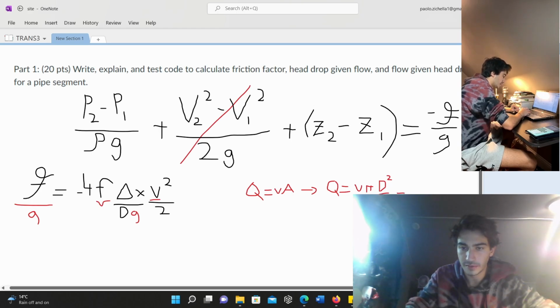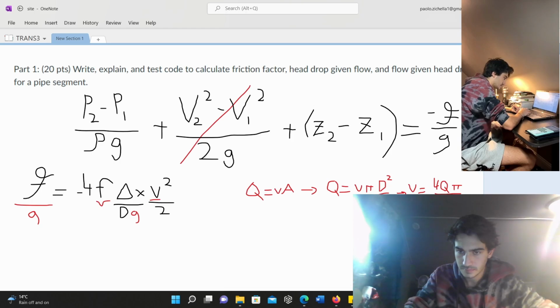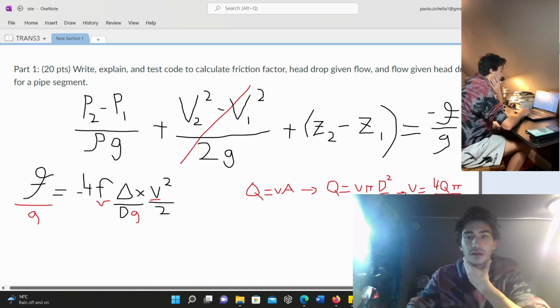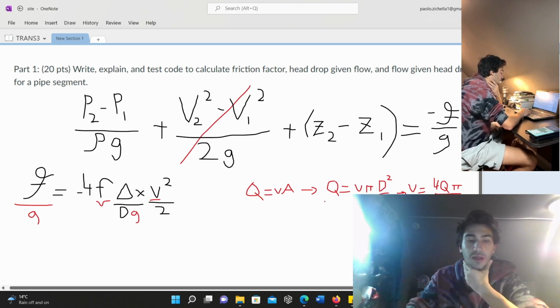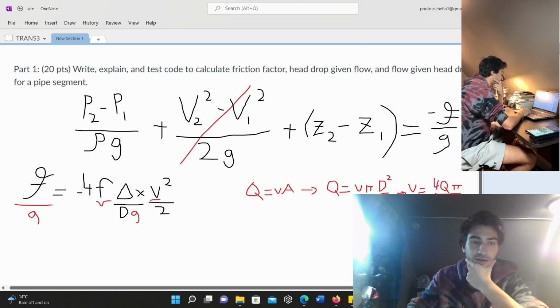And then we can go ahead and rewrite this in terms of velocity, so we get v simply equal to 4 times the flow rate over pi times the diameter squared, right? We can use this for our code.